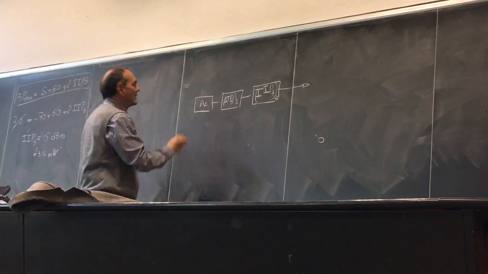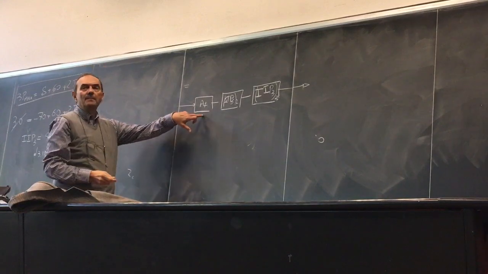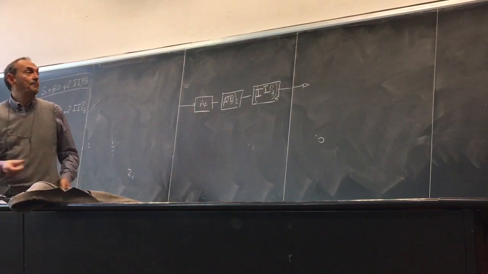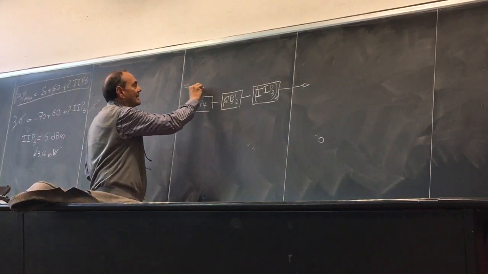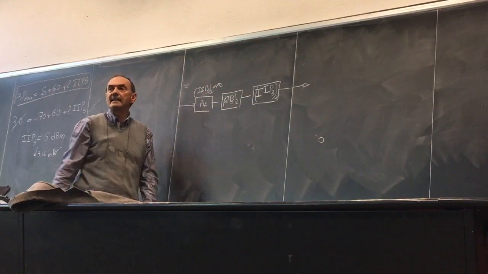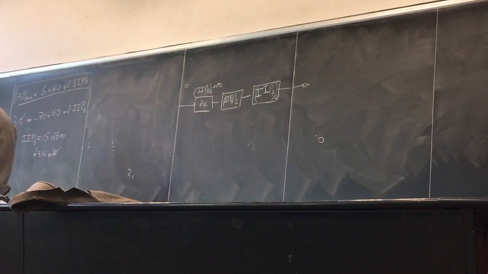The first block is linear because it's a filter. The IIP3 of this block is infinite, because a linear system has an infinite IP3.